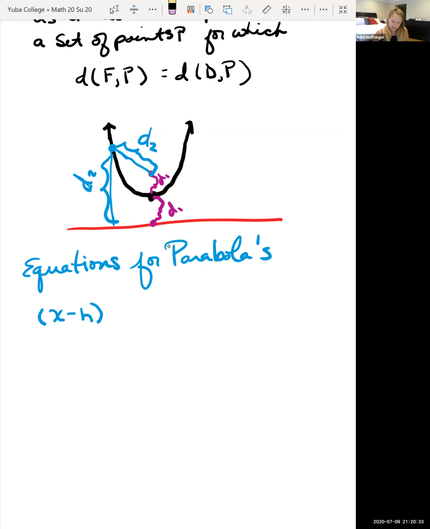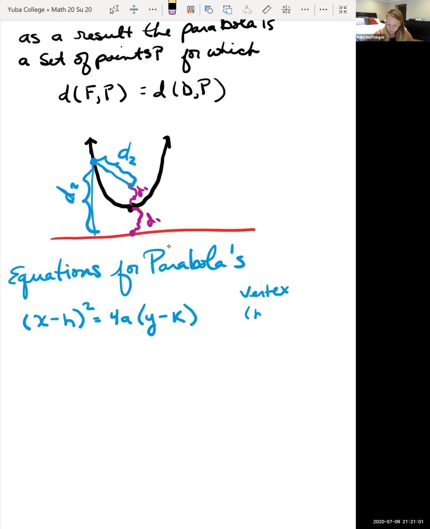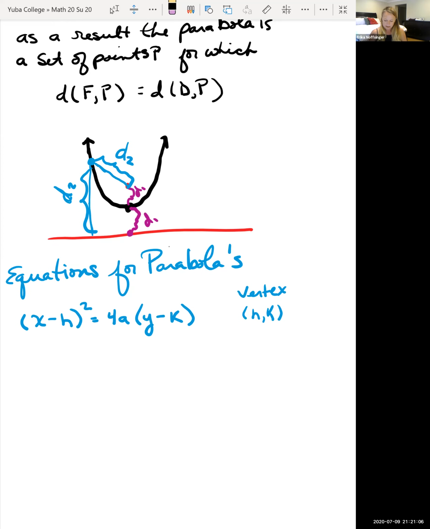So we have x minus h quantity squared is equal to 4a, all times y minus k. In this form, our vertex, opposite signs, just like it was with our circles, is going to be at h, k. Our focus, well, this depends on our value of a.